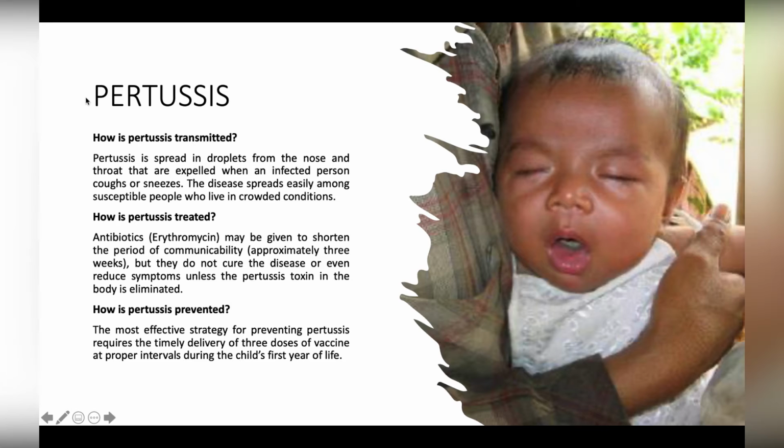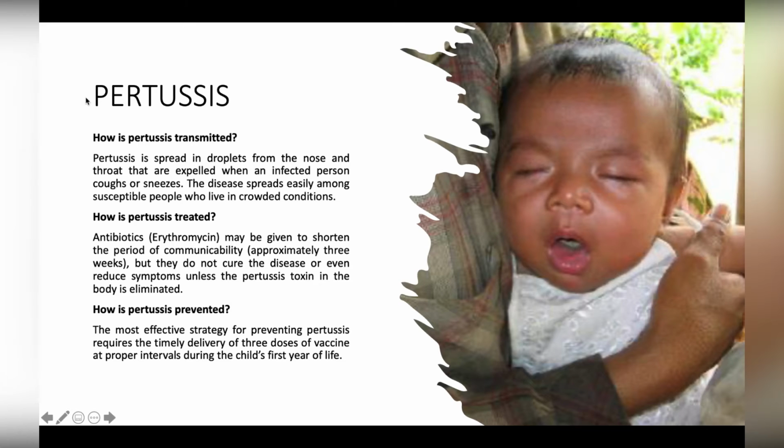How is pertussis transmitted? Pertussis is spread by droplets from the nose and throat that are expelled when an infected person coughs or sneezes. The disease spreads easily among susceptible people who live in crowded conditions. How is pertussis treated?